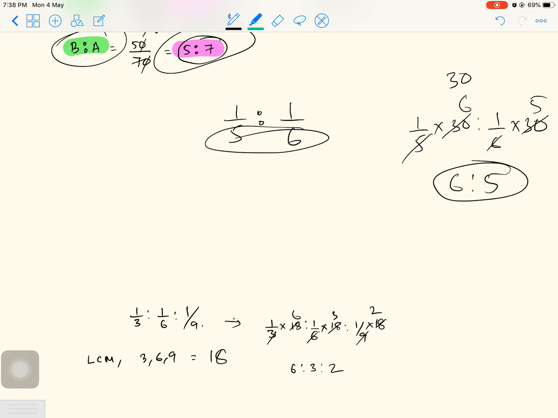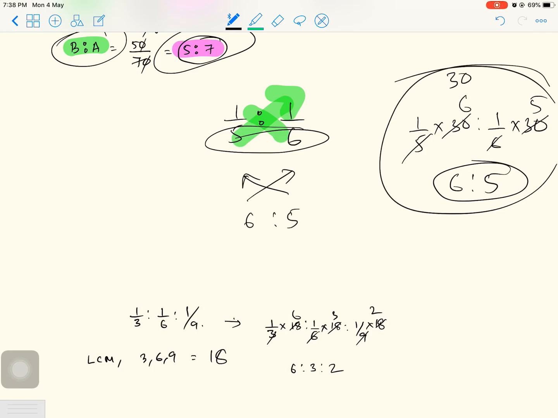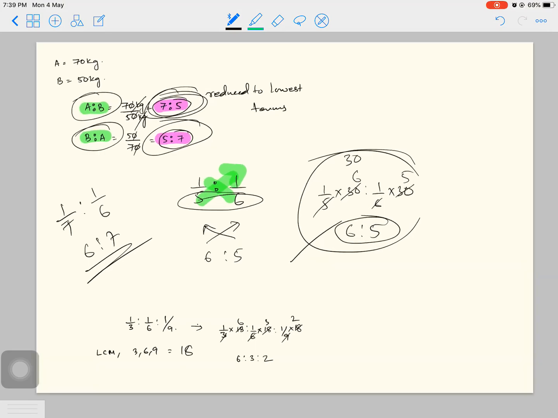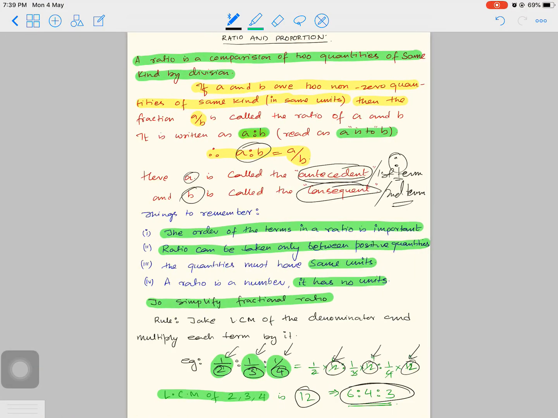This goes here, this goes here. So 1/5 is to 1/6 can simply be crisscrossed like this, and you can write it as 6:5. No need to do this method. Even if you do, it's correct, but no need to. So what will be 1/7 is to 1/6? Simply 6:7. Great. So this is how you're going to simplify fractional ratios.